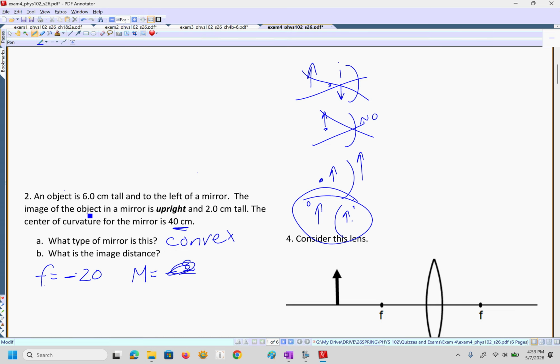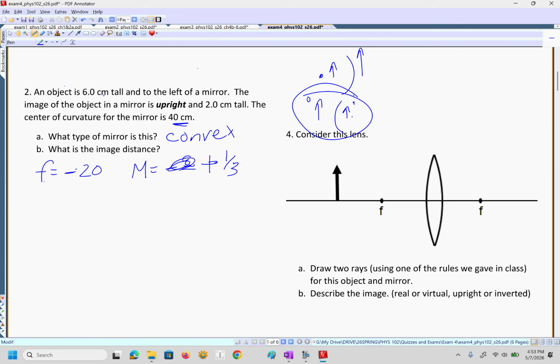Our magnification is positive 1/3. Positive 2 over 6 or positive 1 over 3. And now that I have that, I can set up my system of equations. I have 1 over negative 20 equals 1 over Q plus 1 over P, and then also negative Q over P equals 1/3.